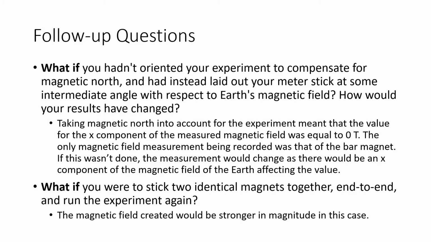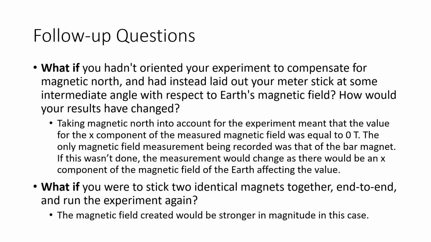This means that the magnetic field measurement being recorded wasn't being skewed by the Earth's magnetic field, and instead it was only that of the bar magnet. If this wasn't done, the measurement would change because there'd be an X component of the Earth's magnetic field affecting the total value, and the results would be skewed because of that.